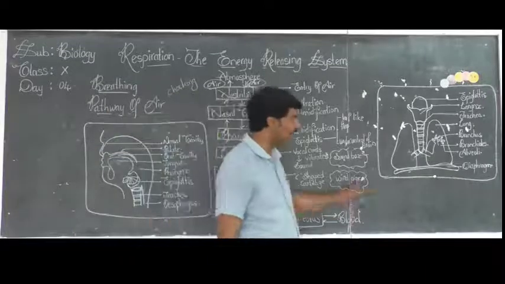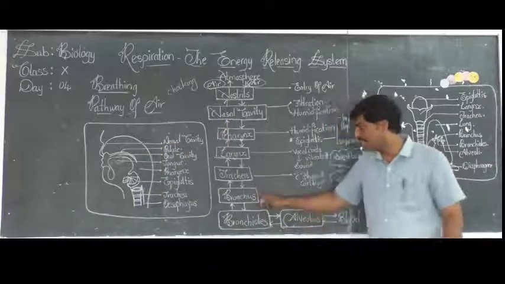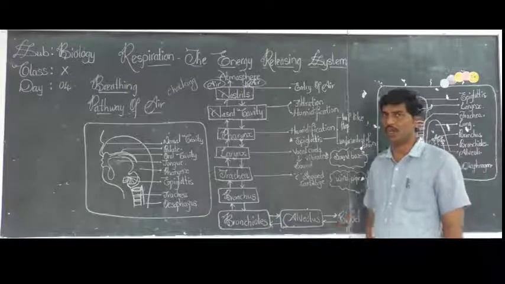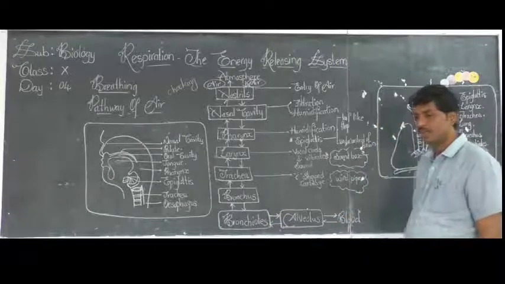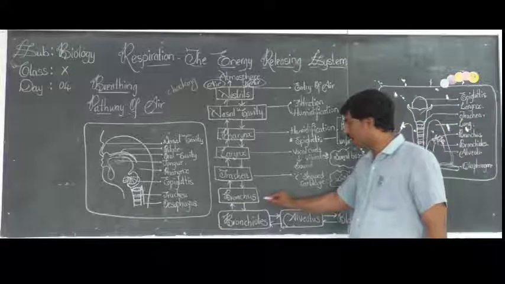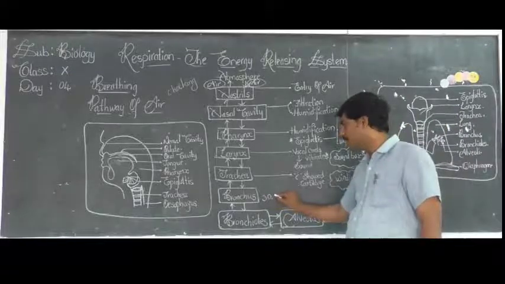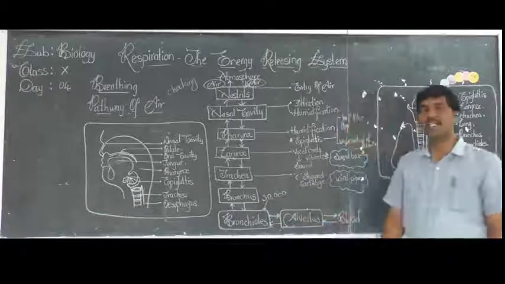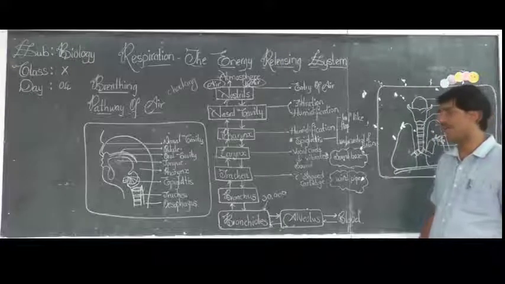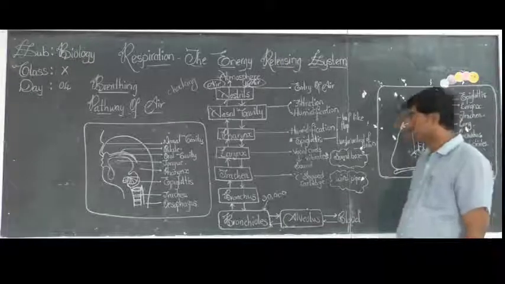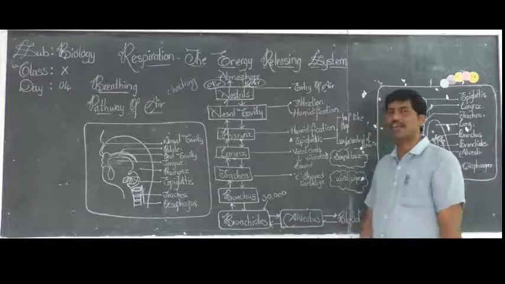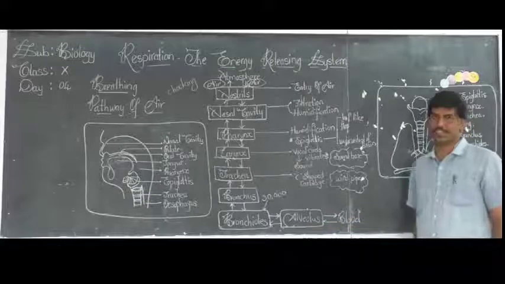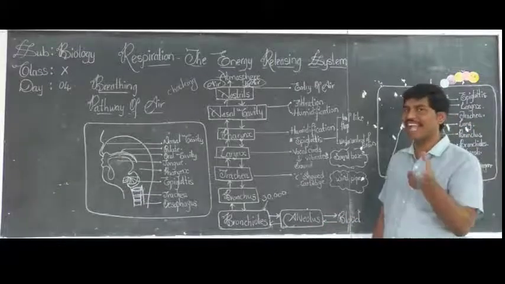Now inside the lungs, this bronchus once again divides into bronchioles. Nearly 30,000 bronchioles we are going to have in our lungs. And these bronchioles further branch out to produce alveoli. They are small sac-like structures.